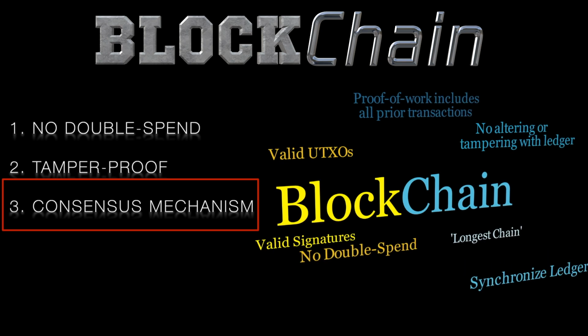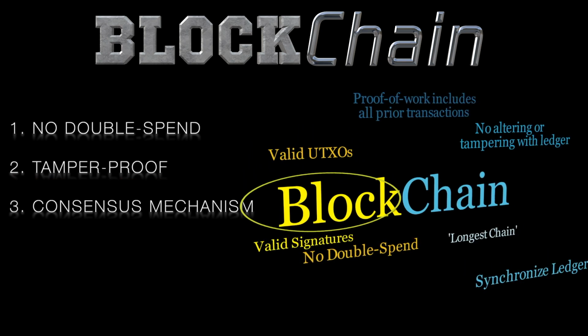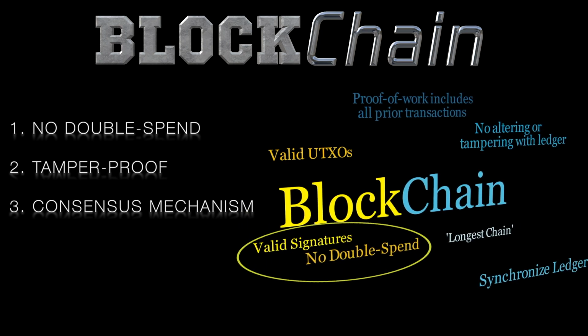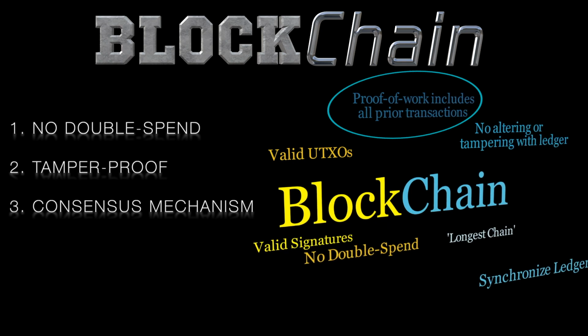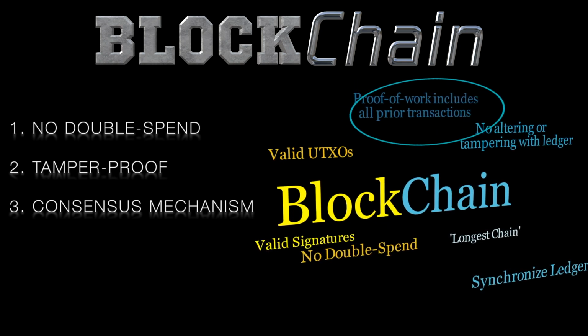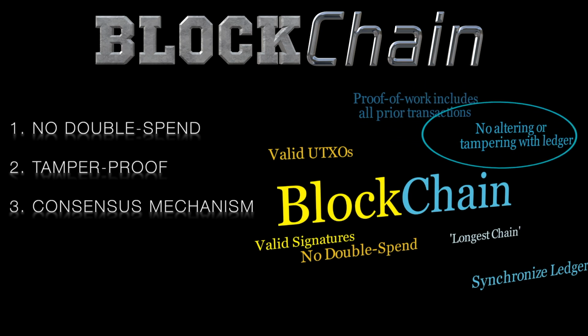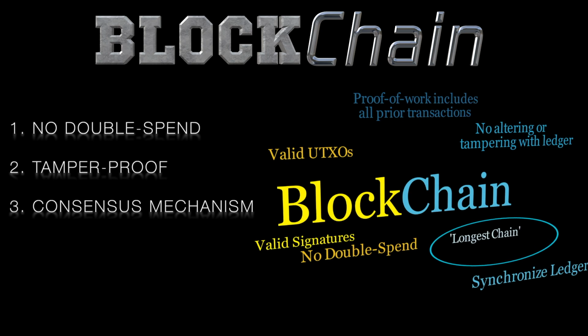By only admitting transactions with valid UTXOs that are correctly signed into confirmed blocks, we guard against double spend. By requiring proof of work against current and all prior transactions, we can stop tampering and alterations. And by implementing the longest chain rule, we can ensure that the ledger is synchronized amongst nodes.